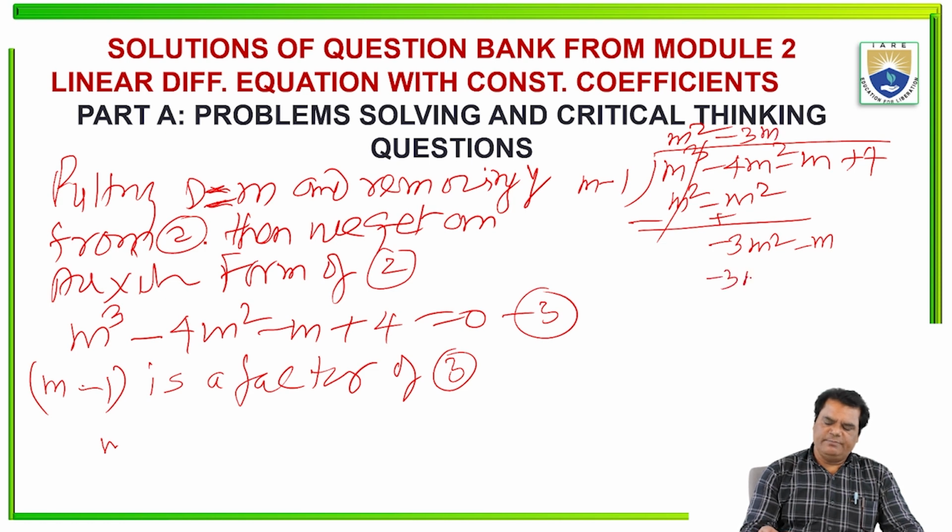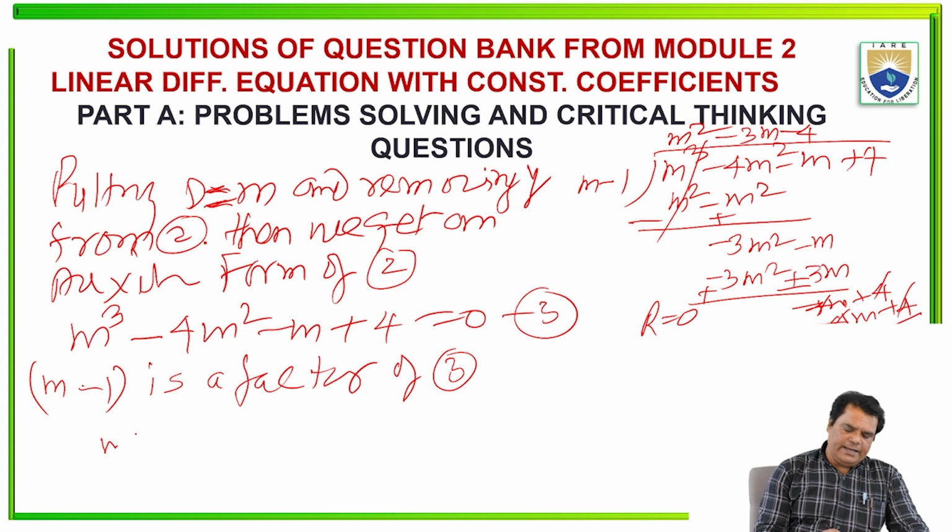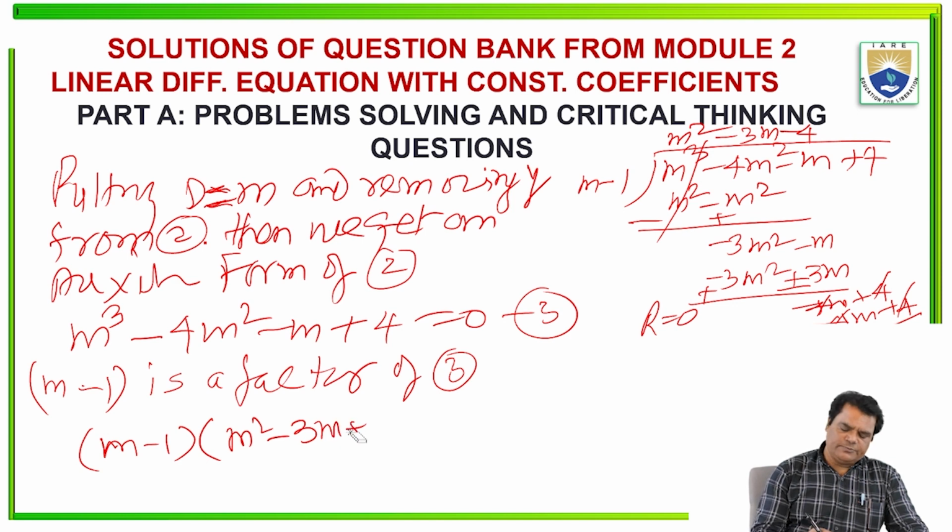So minus 3m square and plus 3m. This plus and this minus. So here is minus 4m and plus 4. So taking here minus 4, minus 4m and plus 4. So this cancels after changing sign, and the remainder is 0 here. Okay, so we get m minus 1 into m square minus 3m minus 4 equal to 0.